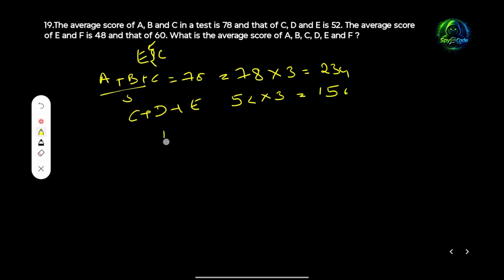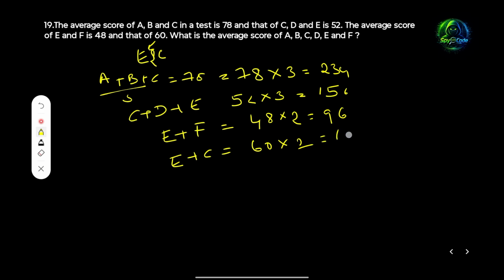And the average score of E and F, 48 into 2, is 96. Okay. Average score of E and C: the sum is 60 into 2, which is 120. Okay.